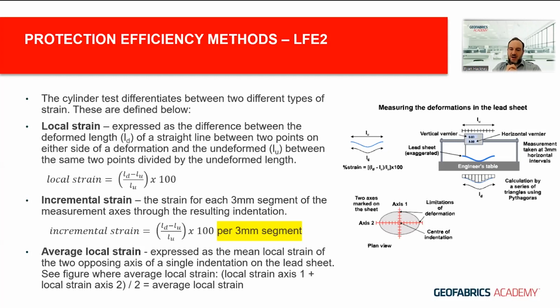When we measure an indentation according to LFE2, we pick a particular indentation and draw an X and Y axis through it, perpendicular to each other, and we measure the strain in 3 millimeter increments across that indentation. The average local strain is the mean local strain of axis 1 and the mean local strain of axis 2. The average of those is what we call the average local strain.